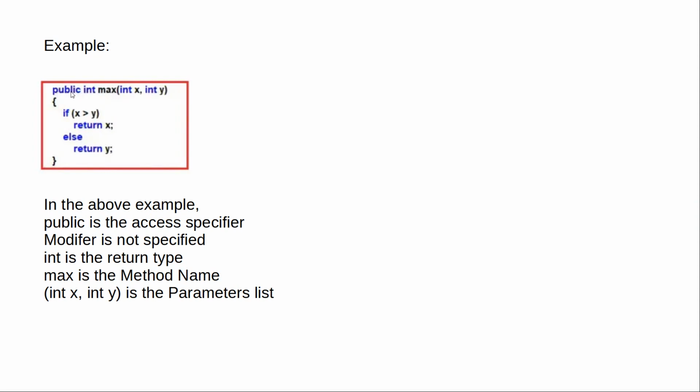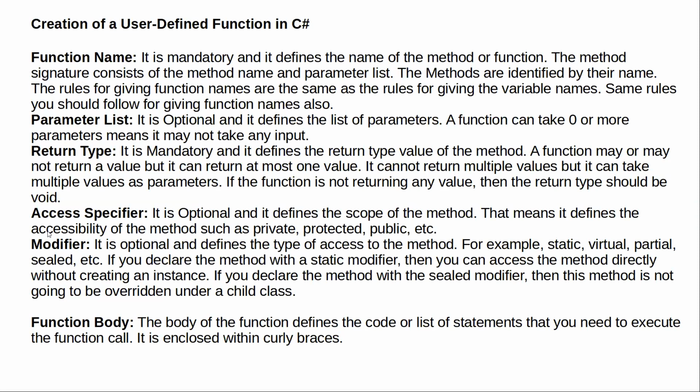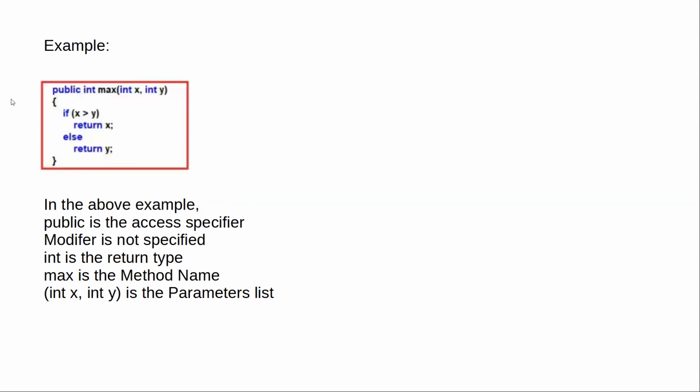Okay, so what is the second parameter here? The access specifier I mentioned, then the modifier. These two are optional here. The thing which is mandatory is the method name, which is max. Max is the method name, and it is taking two parameters as an input: one is integer x, another one is integer y.